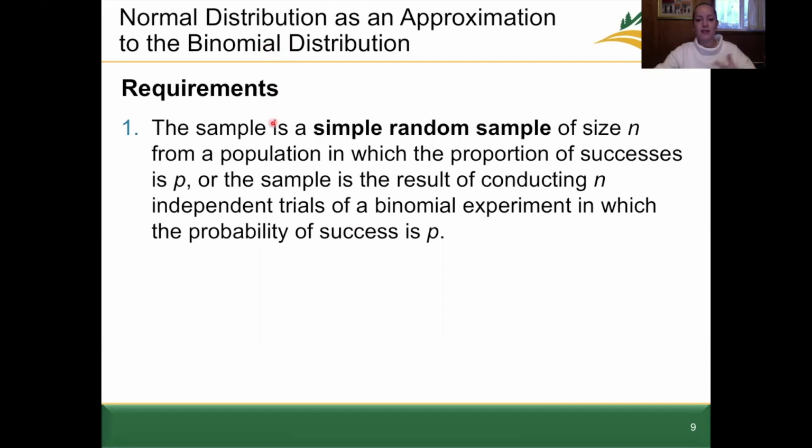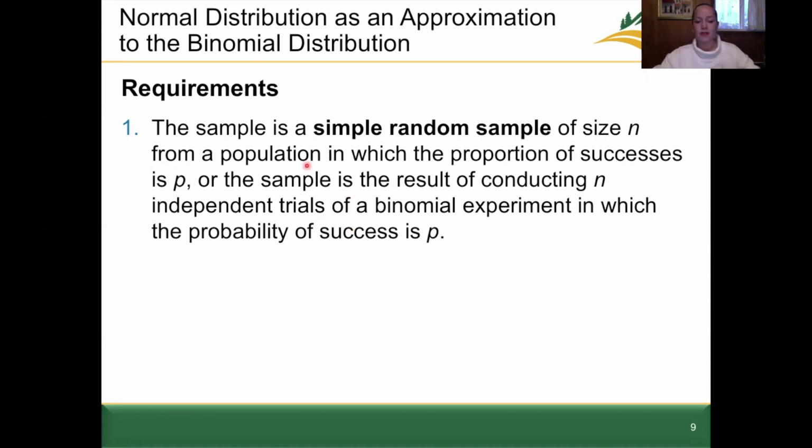So number one, the sample is a simple random sample of size n from a population in which the proportion of successes is p. Or the sample is the result of conducting n independent trials of a binomial experiment in which the probability of success is lowercase p.